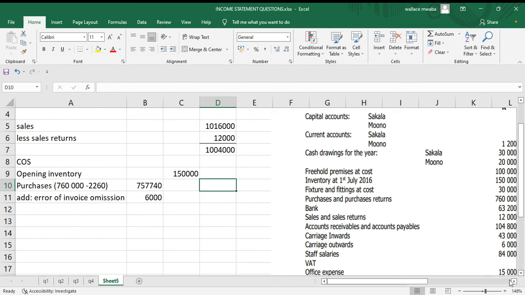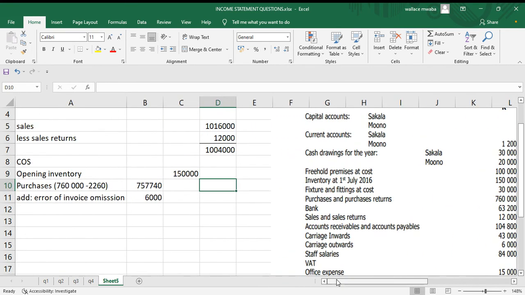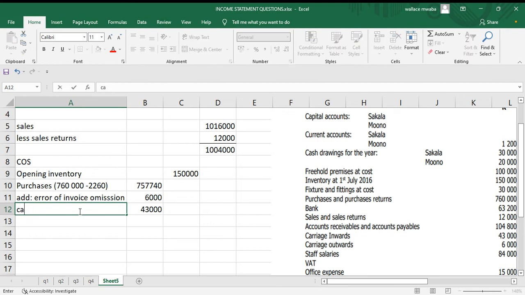And then we've got carriage inwards. What is the amount for carriage inwards? We have 43,000. Also add carriage inwards. And then we're going to have to also subtract our purchase returns.